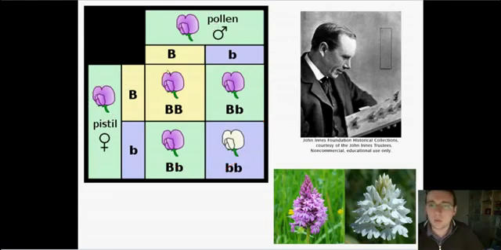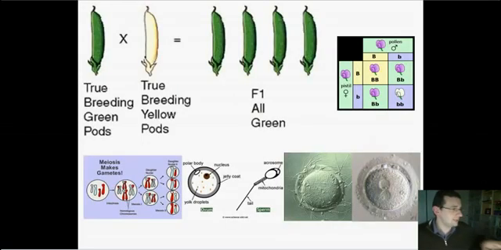Now, we also want to know how this works. Remember that the way that actually works is that the parents cross. For example, here you see a green pod mixing with a white pod, making all green pods. So you have the progeny and the progenitors featured. Now, we know that the way this actually happens is that each parent does meiosis to create a gamete that has half of the information of each parent.